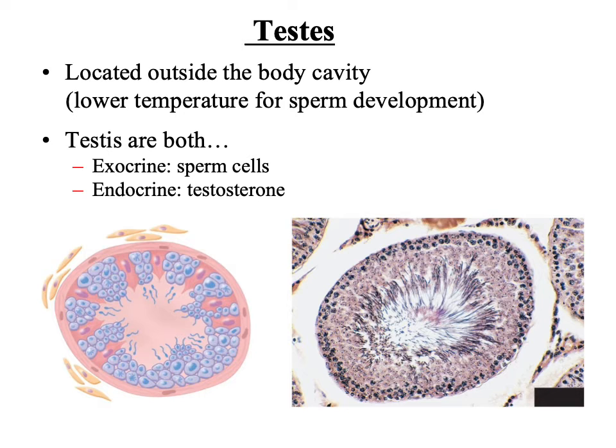And that would be considered an exocrine secretion, because those sperm are actually deposited right into a little duct, and you can see this. The pictures are showing a cross section of one of the tubules that make up the testis. They're called seminiferous tubules, and the lumen of the tubule is where the sperm end up.